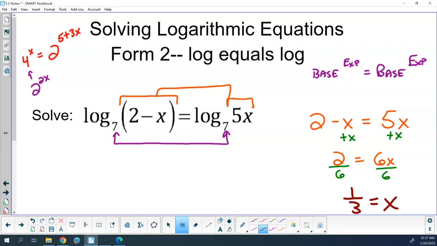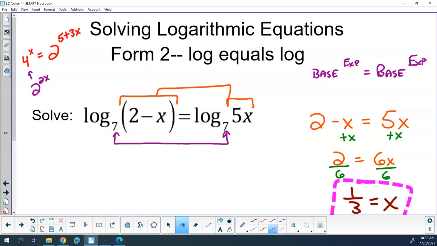Two minus 1/3 is 5/3. 1/3 times 5 is 5/3. Checking it. Remember, you've got to check it at the end. So 2 is like 6/3, right? Sweet. So that's how we solve this thing. That's done.